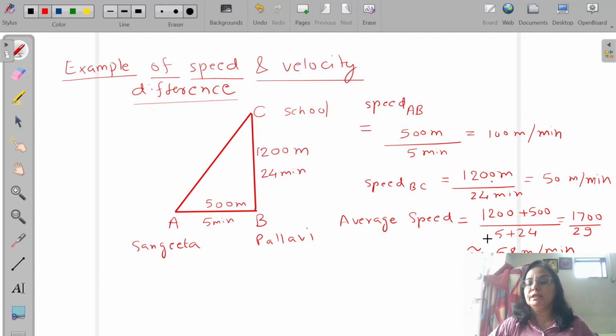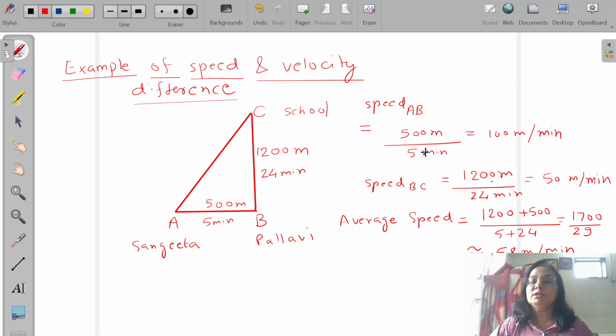Now we have taken average speed as total distance travelled. So we have added the total distance 1200 plus 500 and we have divided it by total time taken, which is 5 plus 24 minutes. We have not done the average by adding 100 plus 50 and dividing it by 2. May I know why?